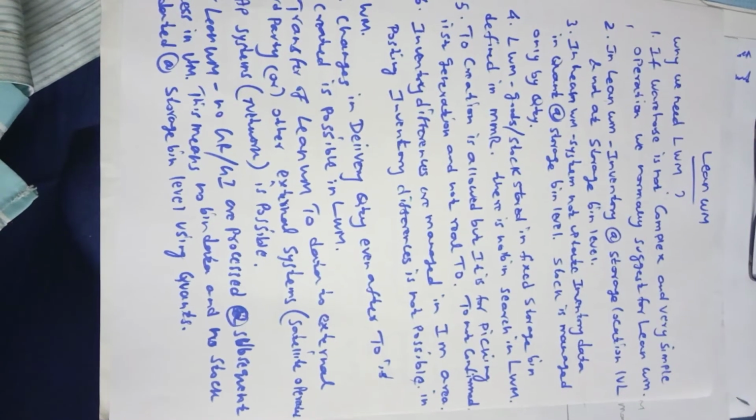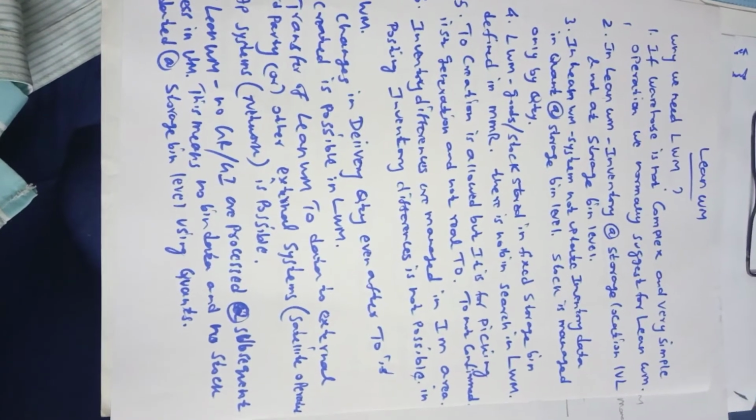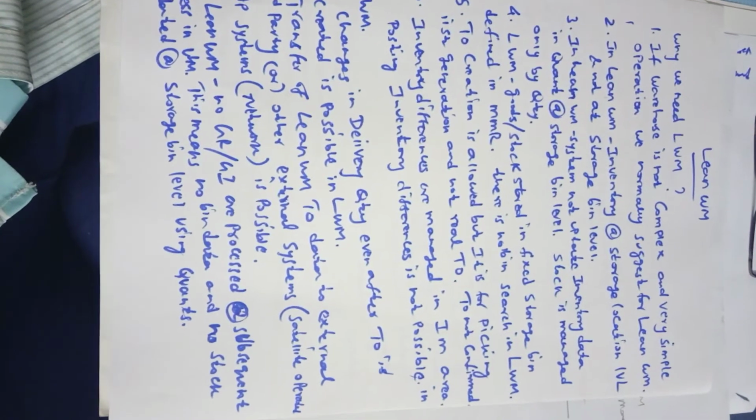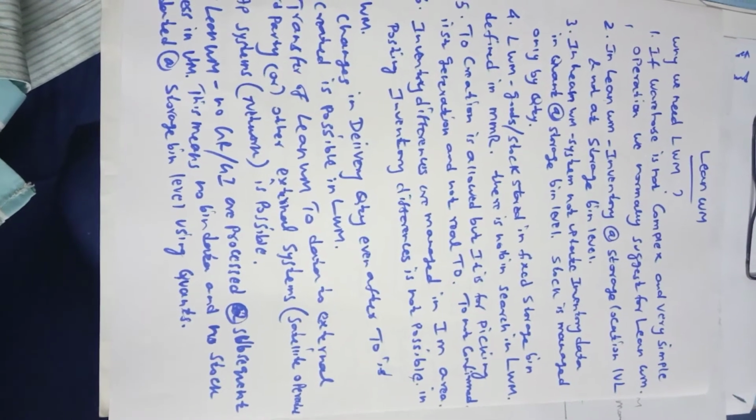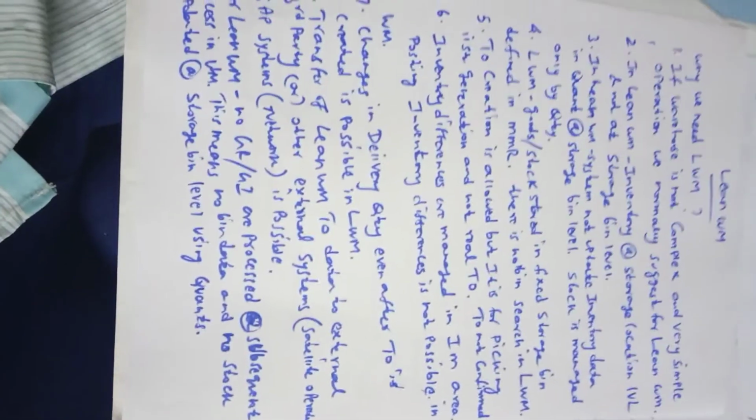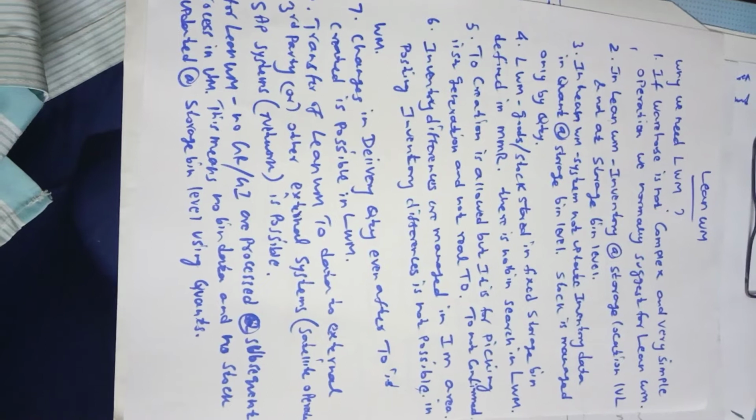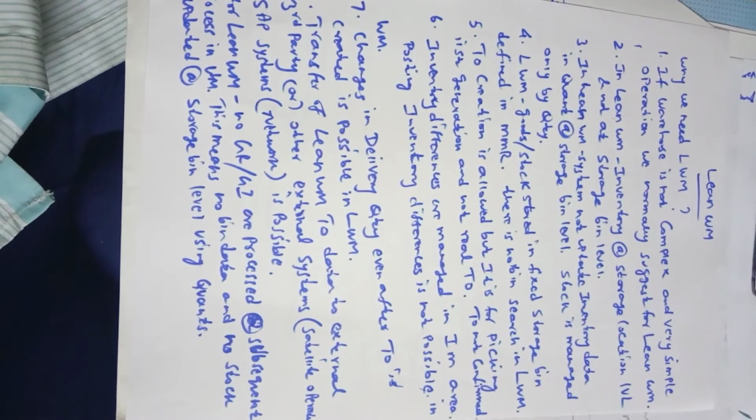In lean WM, goods are stored in the fixed storage bin defined in the material master. So there are no bin search strategies or search sequence strategies defined in WM.